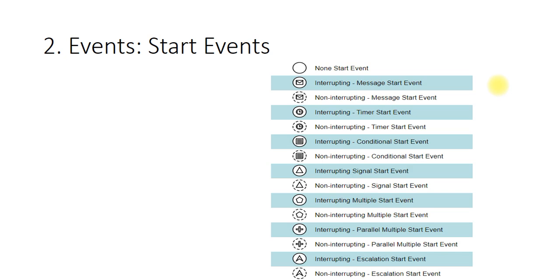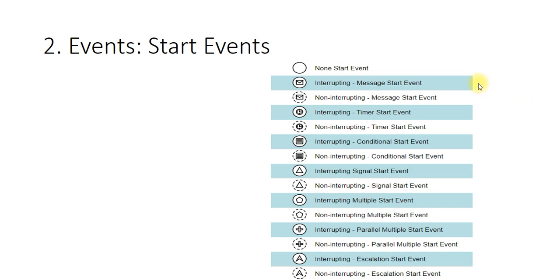That is the none start event. A message start event, which is here, is any event that is started by a message. As a result of the message, a new process is triggered and the rest of the process is directed by the sequential flow. Message start events can be interrupting as well as non-interrupting, as the name suggests.